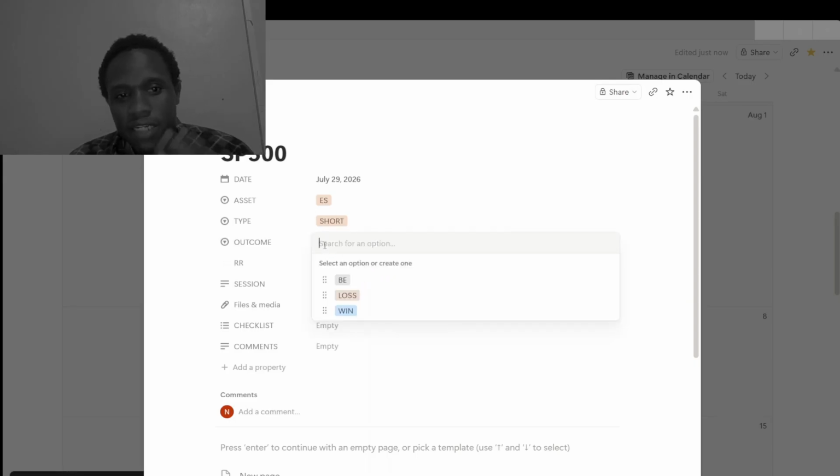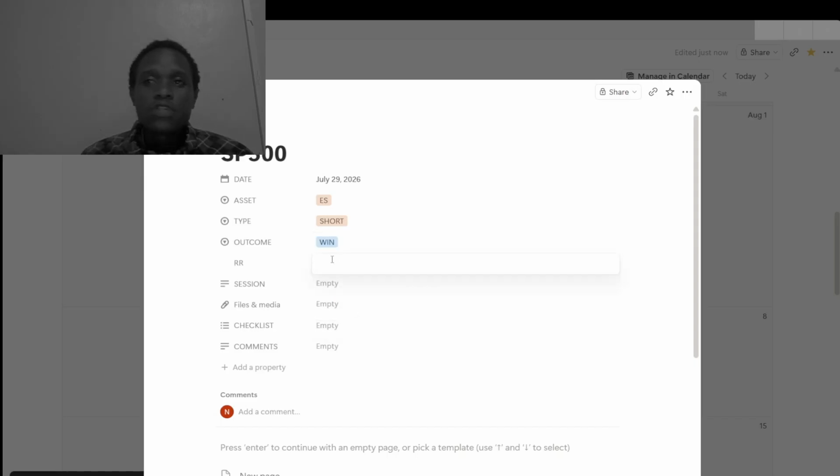Then the outcome. I have three outcomes on my trades: a break even, a win, or a loss. It's that clear, that simple. Today's trade was a win. For the RR, I told you I started using the actual amount instead of, for example, saying today's trade was a 3.8 R. Instead of putting 3.5 R, I started using the actual amount so that I can track my progress better.